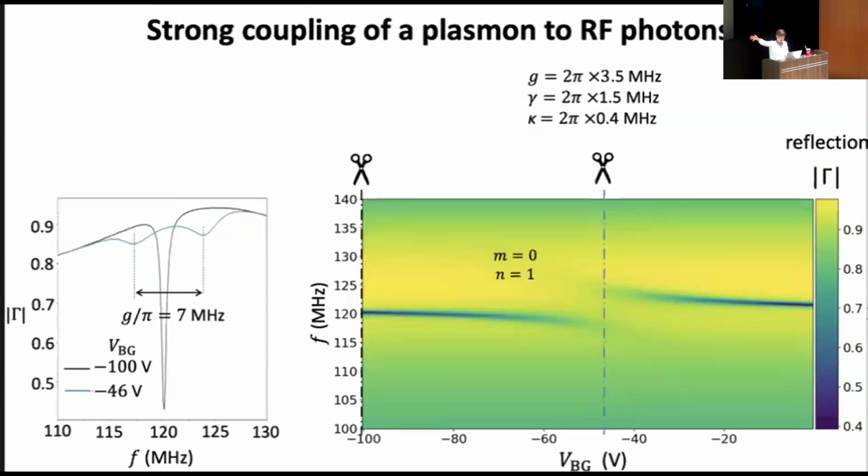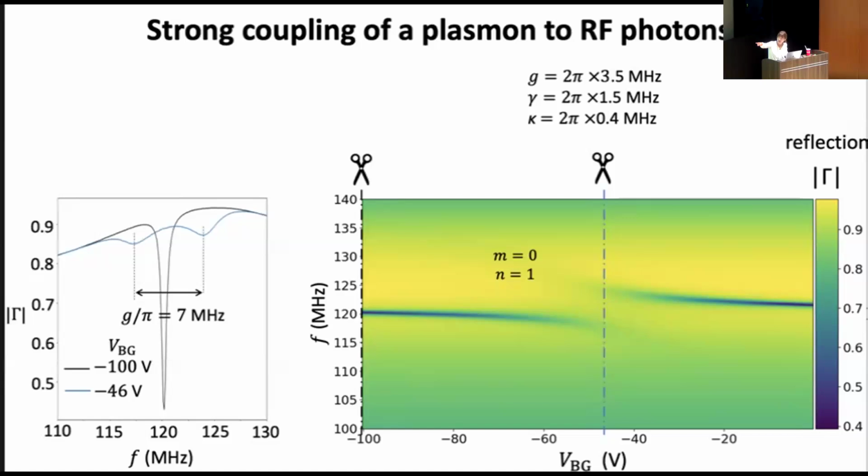Okay, so let's come back to the experimental data again. In the left figure, you can see the amplitude of the reflected signal versus the frequency of the RF signal applied to the LC circuit for VDD minus 46 and for VDD minus 100.